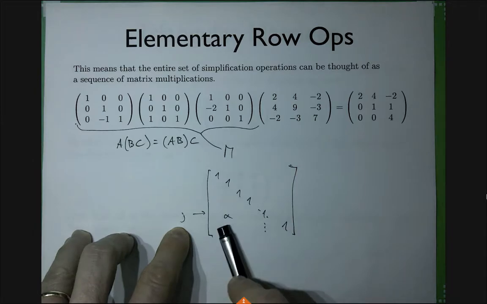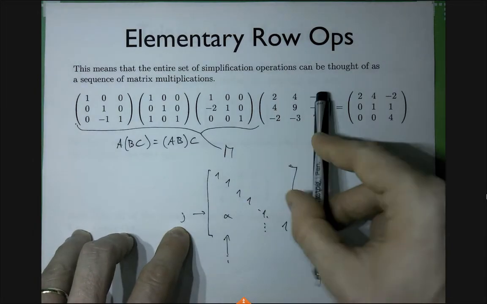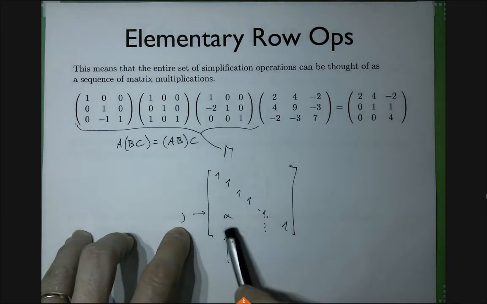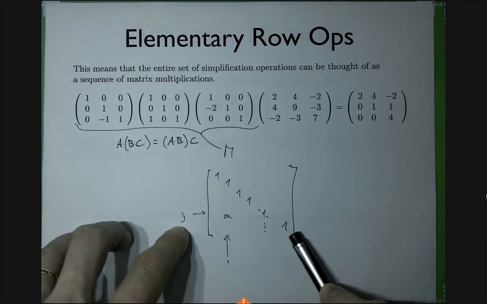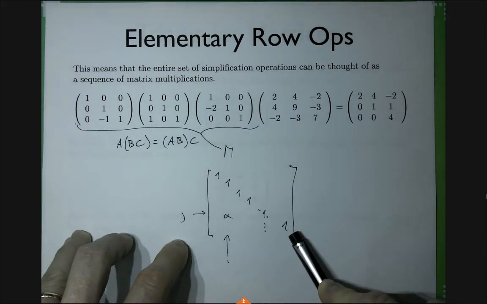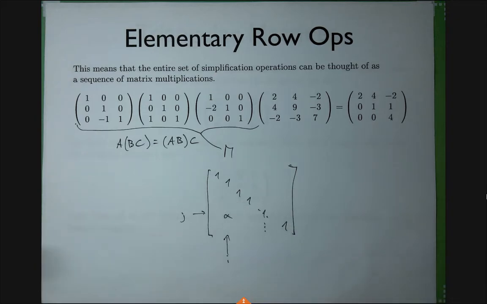The point is that we are always taking a row above the one we currently are on, so this alpha is always below the diagonal of ones. That's why it's always lower triangular.